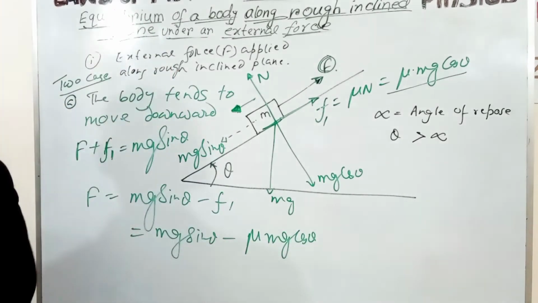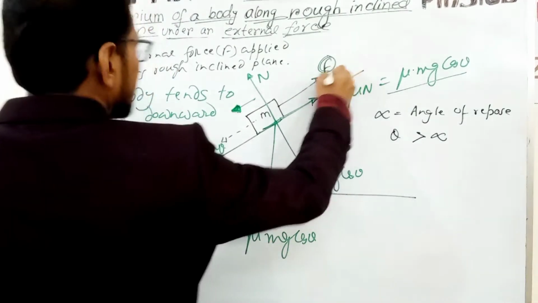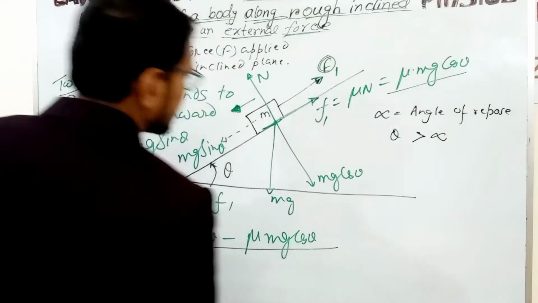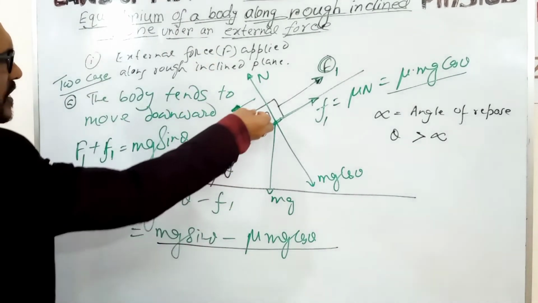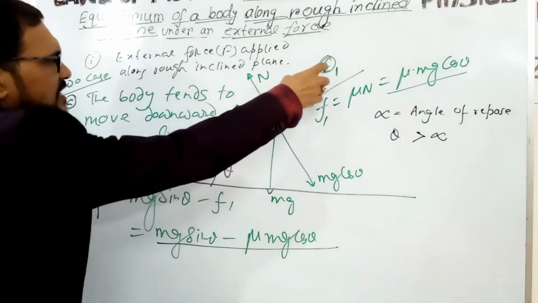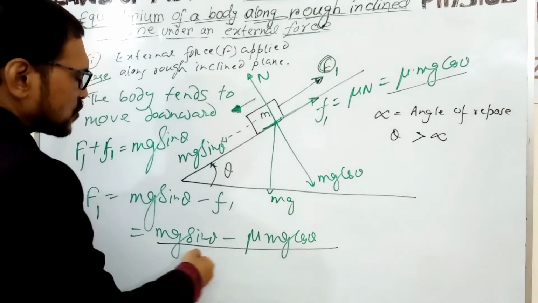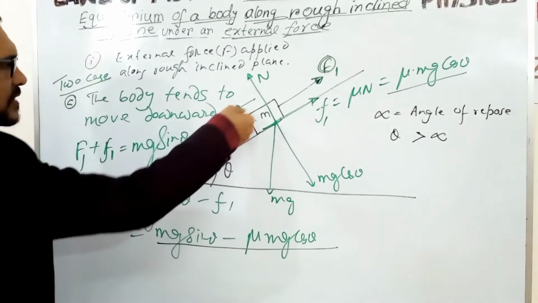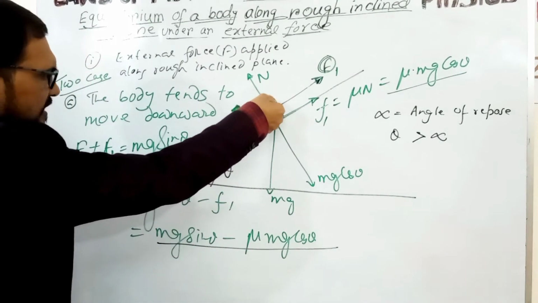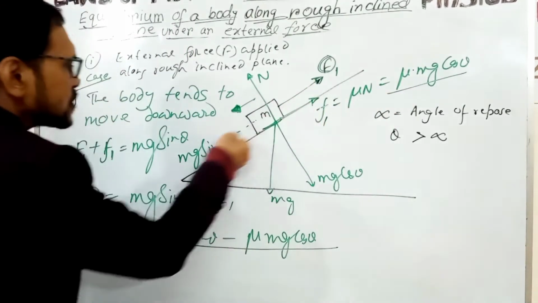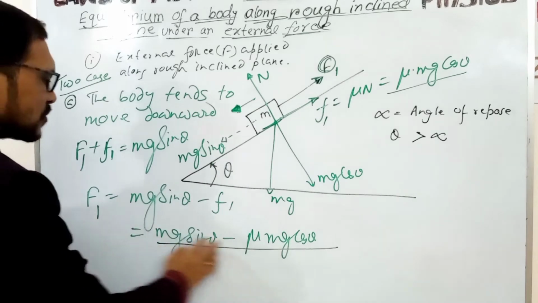Suppose this force is F1, so F1 is this. When the body tends to move downward but this applied force keeps the body in equilibrium, the force required is this. Why? Because when the body tends to move downward, the friction force acts upward. So this plus this force balance mg sin theta, so F1 equals this.